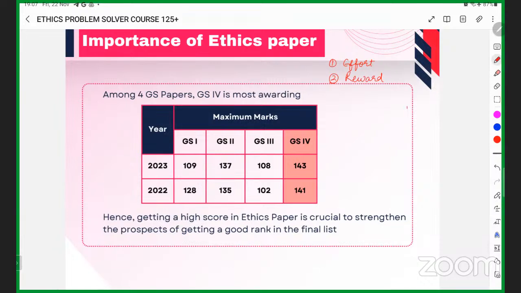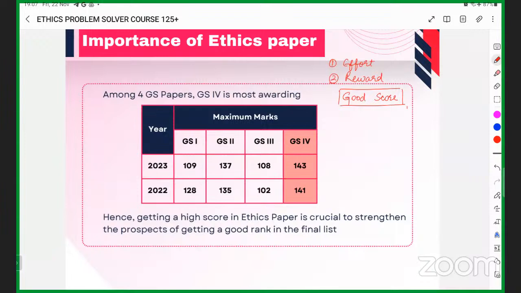By effort, I mean that the amount of time and energy that you need to invest in the ethics paper so as to get a good score is the least among your 4 GS papers. If you compare the ethics paper to, say, GS1, you have to do three subjects: history, society, geography. And these subjects are further divided into different themes.